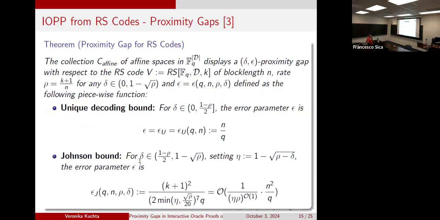And so there was a paper by Eric Vanderthorn and Titko Party defining proximity gaps for Reed-Solomon codes. So they were studying those proximity gaps. And this is a theorem which they found.